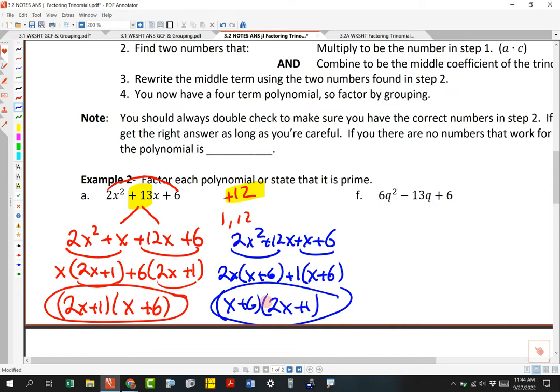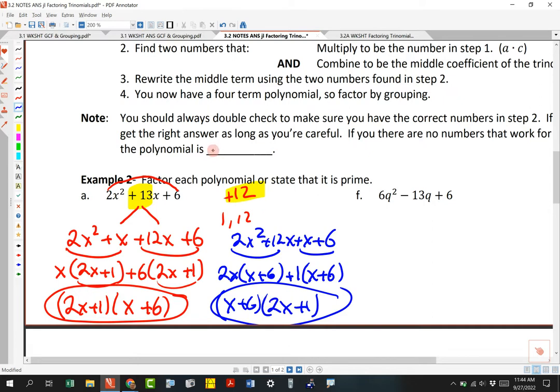Does it matter that the 2x plus 1 came second on this one? I'll pause for applause. I didn't invent this. There are lots of different ways to explain this, but does it make any difference which order you put those in? No. It doesn't. As long as you answer this question correctly and you're sure you've got it right, not only do we know it factors, we know if we're careful we're going to get it right, okay?